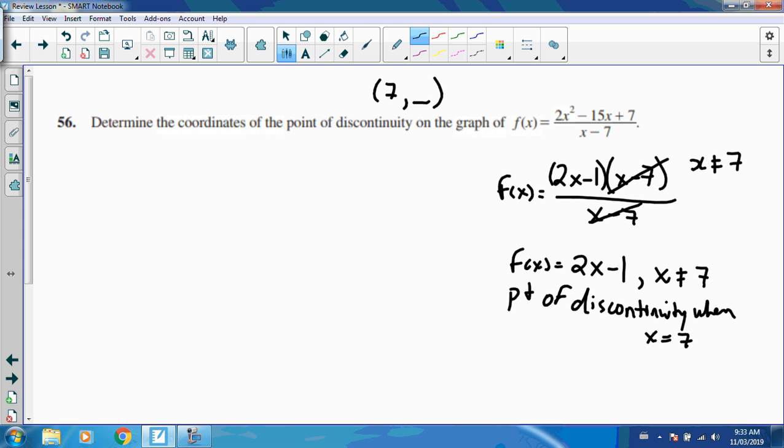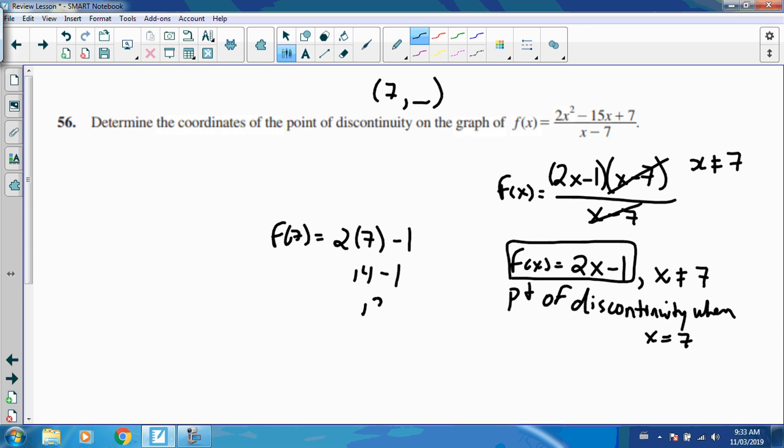So I'm going to put 7 into here. So this is f of 7, is twice 7 minus 1, 14 minus 1 is 13. So there's my point of discontinuity, 7, 13. All right?